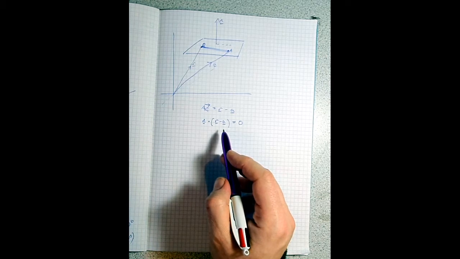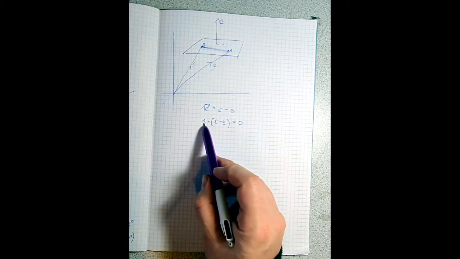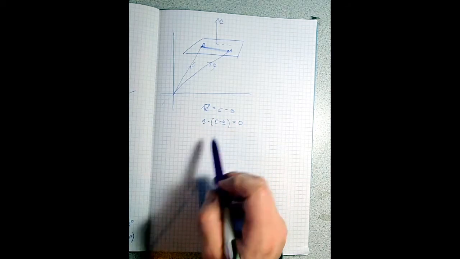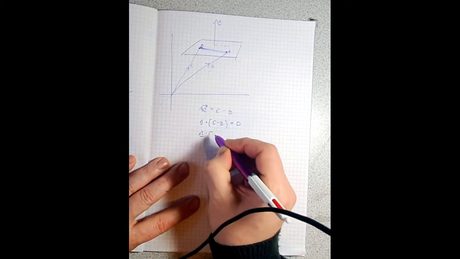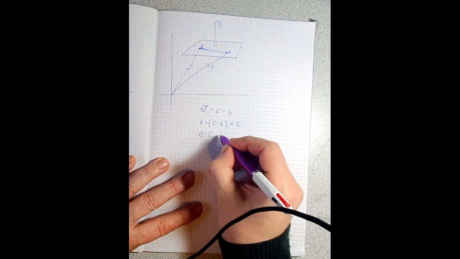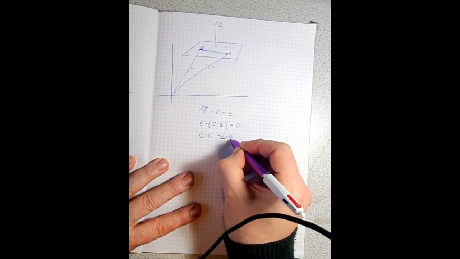Now you don't have to have done the challenge question from the last exercise, but the challenge question was prove that the dot product is distributive. That just means that n dot r minus n dot a equals 0.